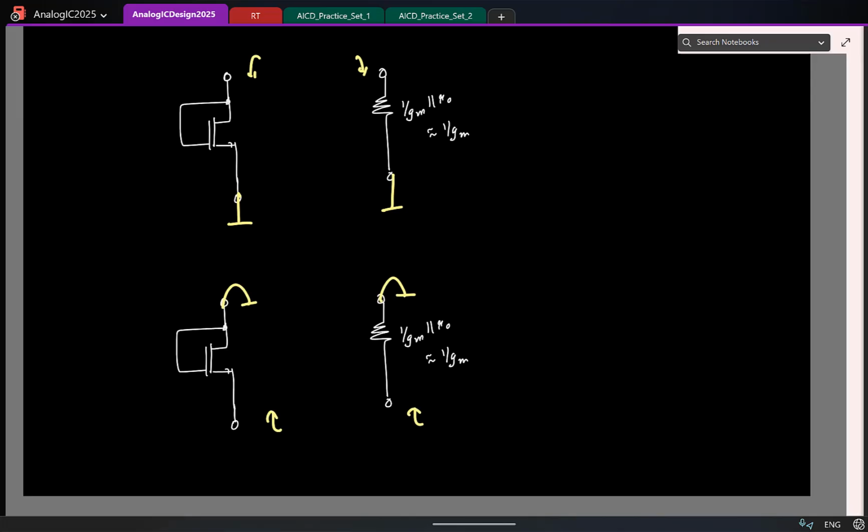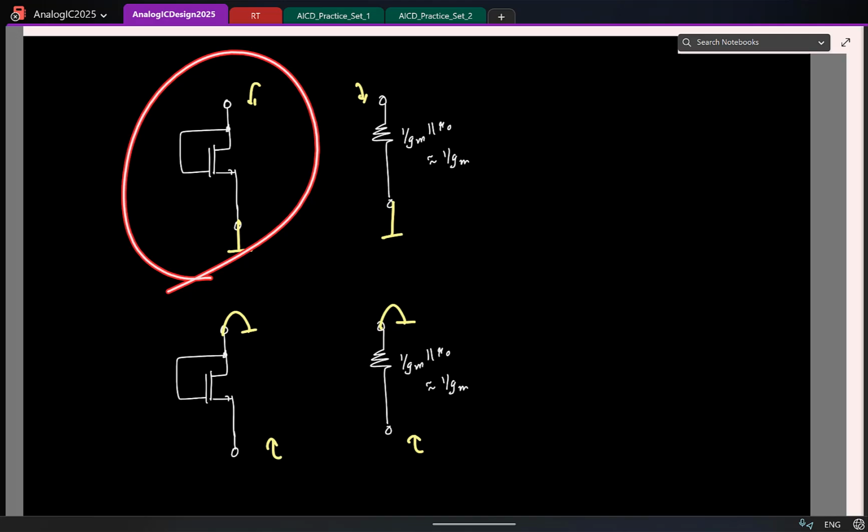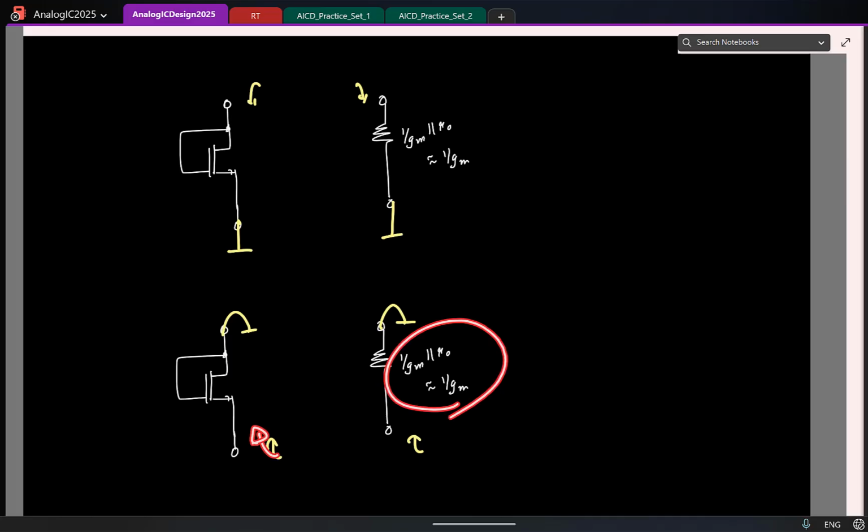Is this fine? So even without having to compute the looking in resistance into the source, from this information we should be able to easily deduce that the resistance looking into the source in this case is also roughly 1 by gm. Because effectively I have a resistor, I don't care whether I ground this terminal or this terminal, the resistance is still the same.